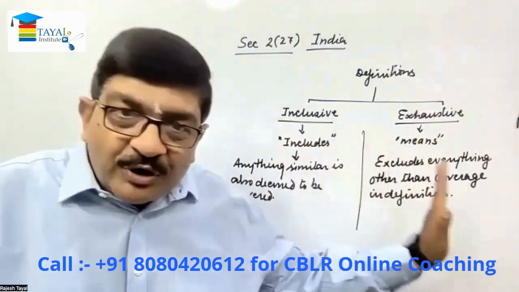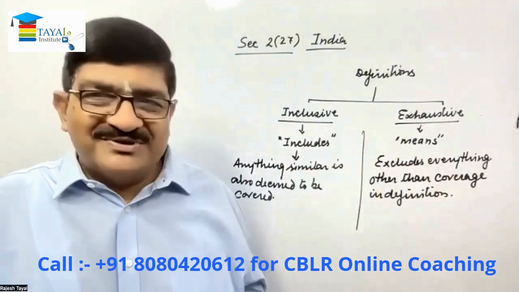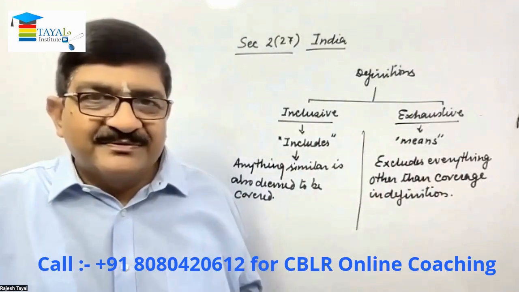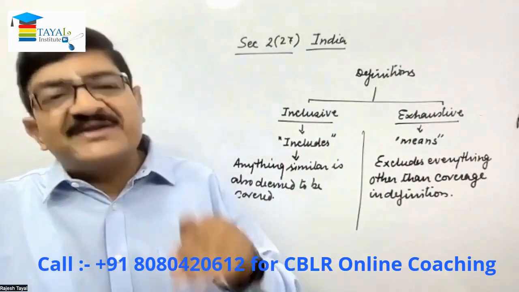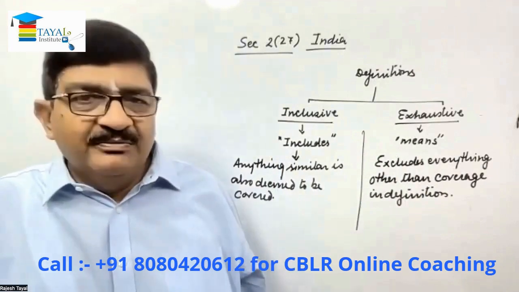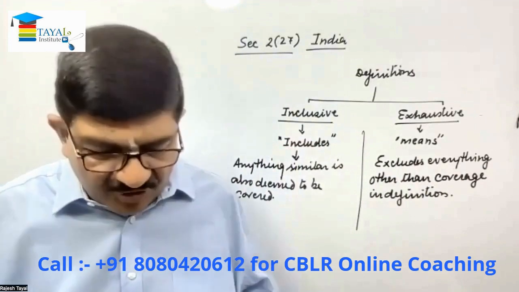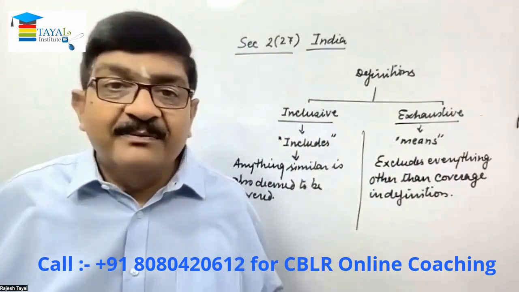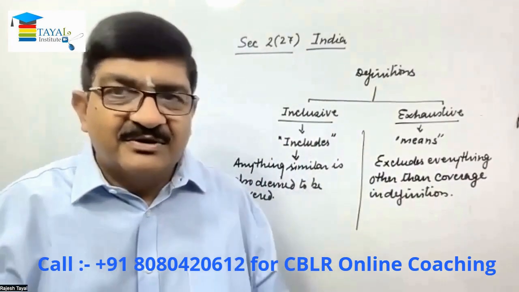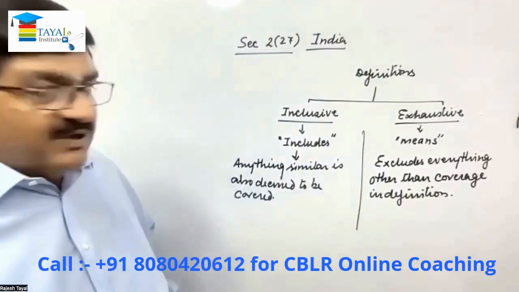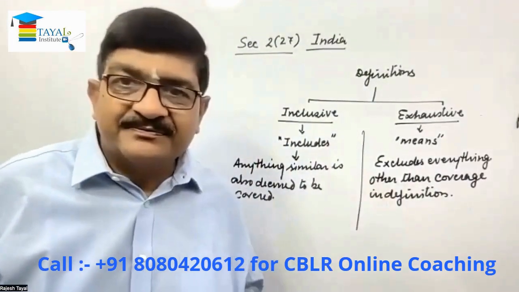This is only for your reference, not a part of your syllabus. So when you read any definition next time, this is how it goes in law. A definition may be inclusive, a definition may be exhaustive. Is this meaning clear?